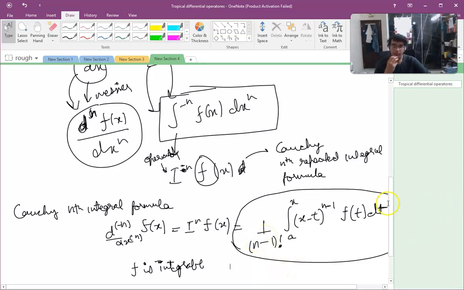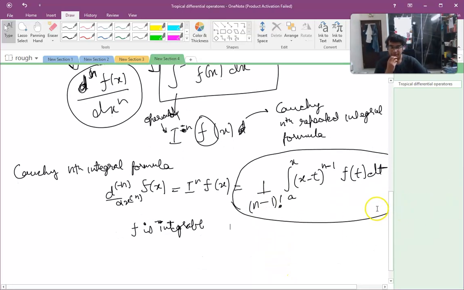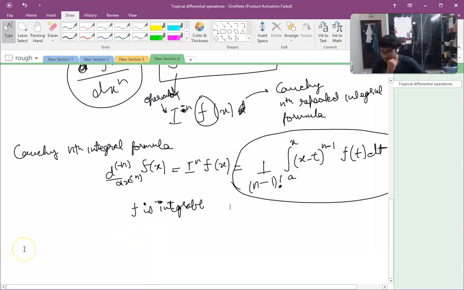What we do with this definition is use it to generalize and define our fractional derivative.